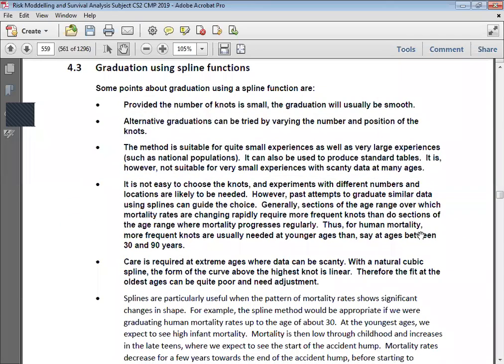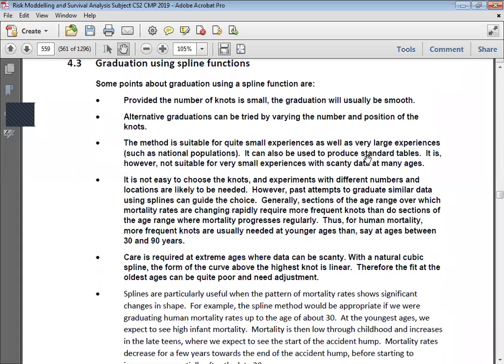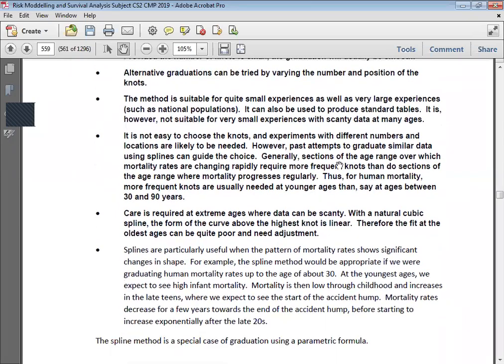And the third one is using spline functions. If you have a small number of knots, then the graduation will be smooth, because the curves will be really nice. But it might not correspond well to the crude data that we have, so we might have to compensate on that. This can be used to produce standard tables.